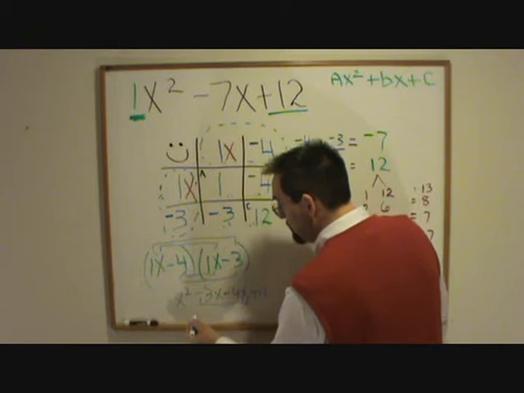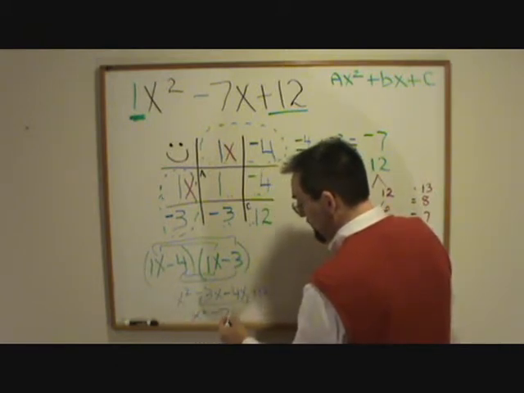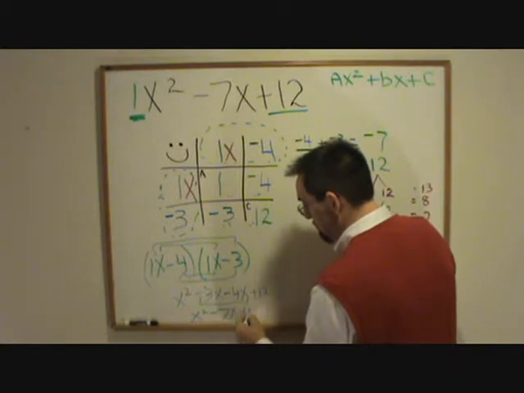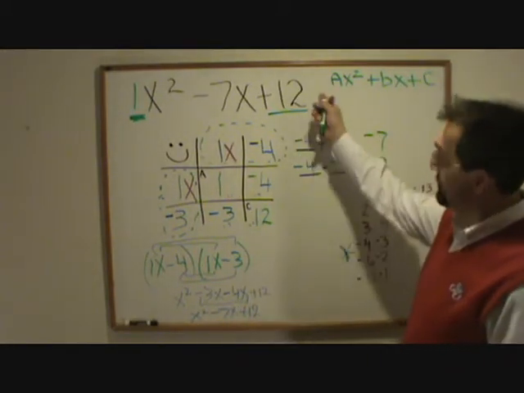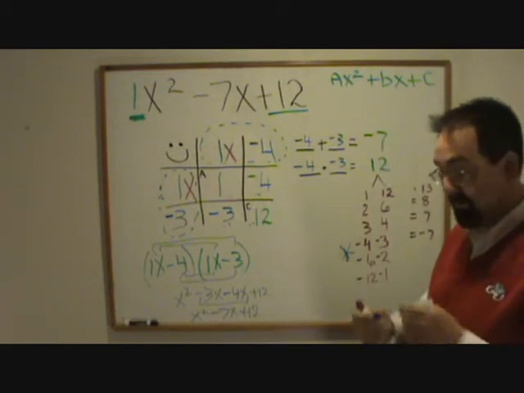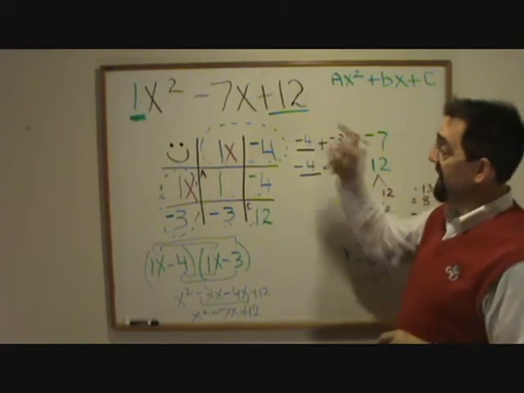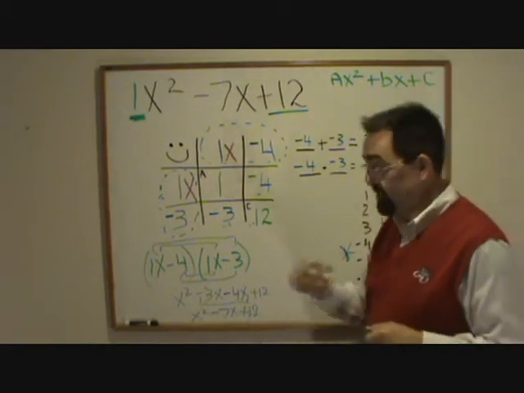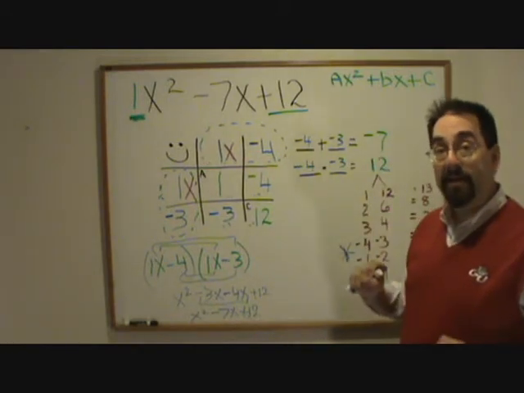Add the like terms: x squared minus 7x plus 12. Those two expressions match. Here's the factored form of that expression. So our original I can statement, I can factor the expression, is true. And we did it using the tic-tac-toe technique.